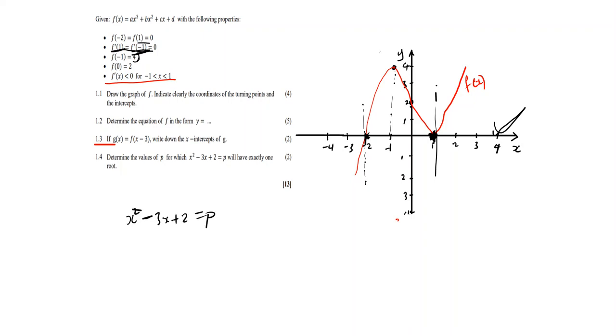So we check the turning points, the y coordinate of the turning point. Remember here we had -1 and 4. Then here we had 1 and 0. So we want to check wherein we will have one value or exactly one root. So you are going to draw a line to check what should be the value of P that we can subtract with.